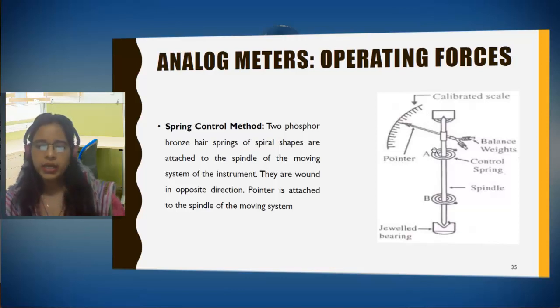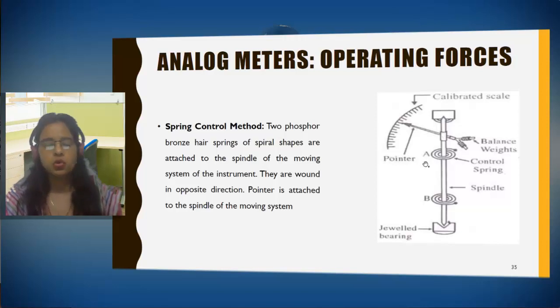Once it is rotating this way, out of the two springs, since both are connected in opposite directions, when one spring gets wound, the other spring will be unwound. One spring will get tightened and the other will get loosened. So this will help in production of a force which is known as torsional force.